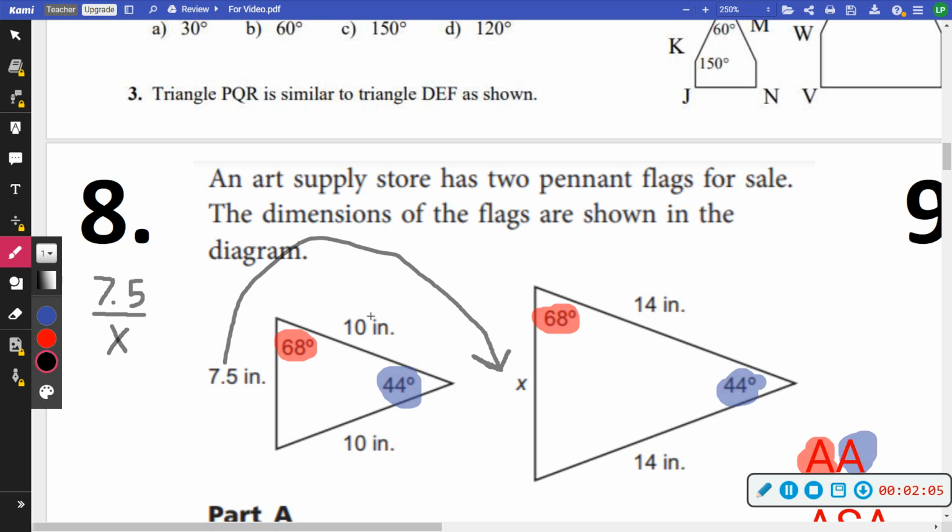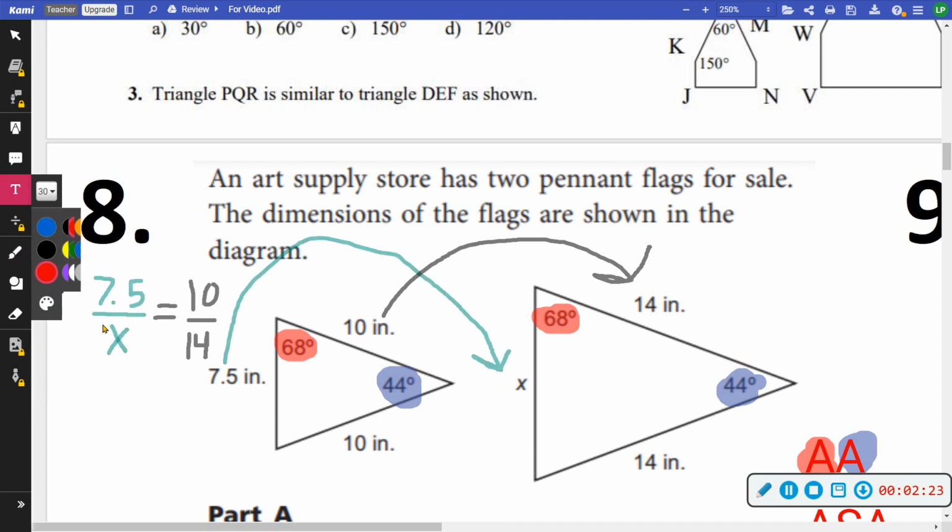And it doesn't matter, you can use 10 to 14 or 14 to 10. I'm just going to use this 10 to 14. So that equals 10 over 14.